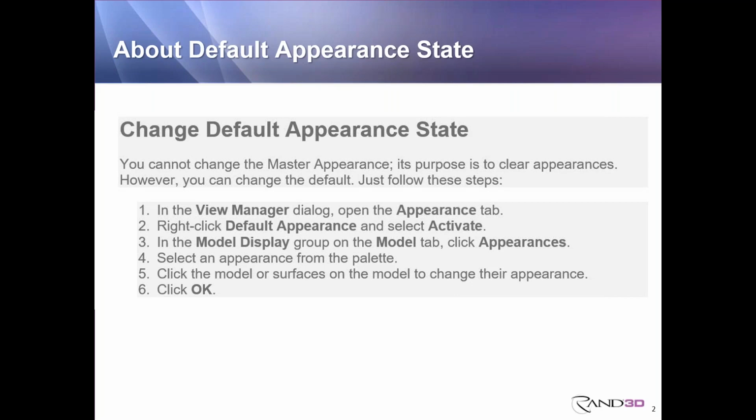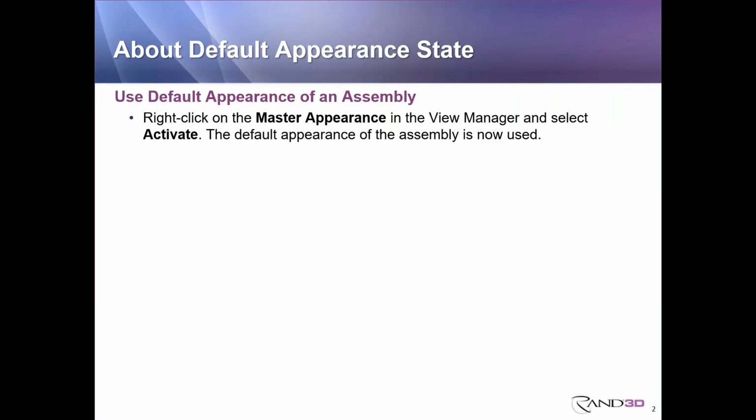And if you would like to go back to the original, quote unquote, original appearance, that would be what the master rep is. It, as you see there, again, is stored and set and not editable. Initially, the default appearance appears exactly like the master until you go in and change it. And I will show you how to do that here in a moment. And then you'd see a difference between the two after making the change.